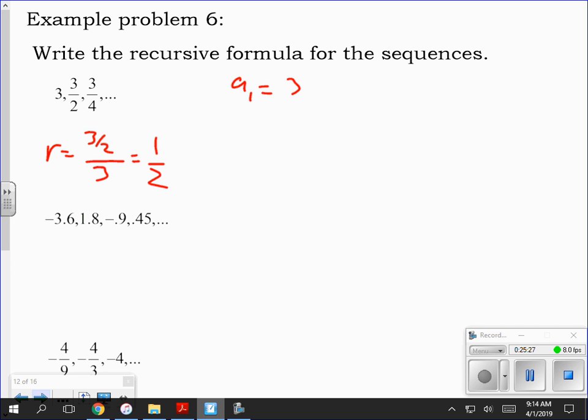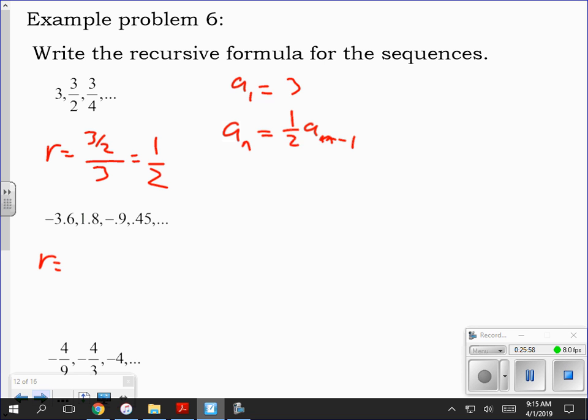A sub 1 is 3. And how do I find the next number? A sub n equals R times A sub n minus 1. Because I'm going to multiply by R each time, which means I'm multiplying by 1/2. So if I want to find a number, I take the one before it times 1/2. That's it.